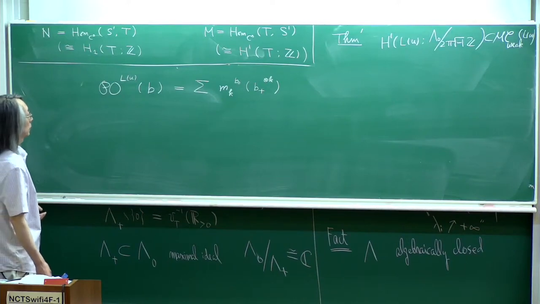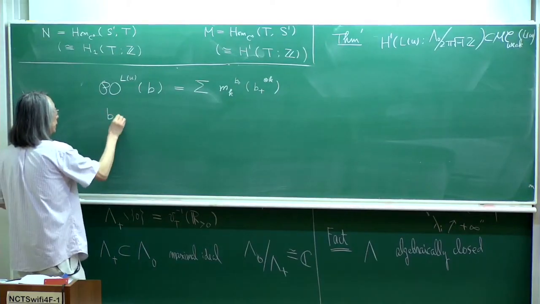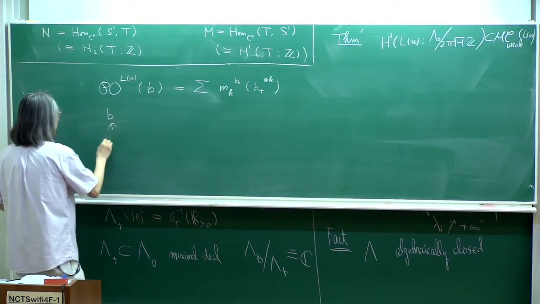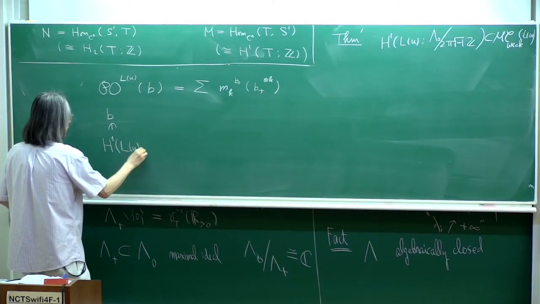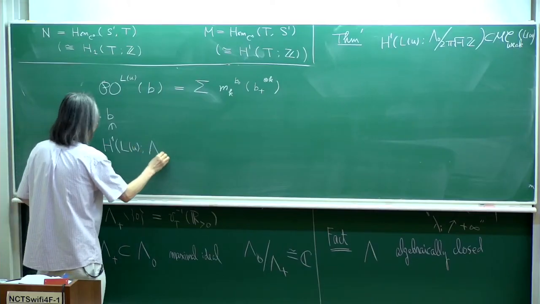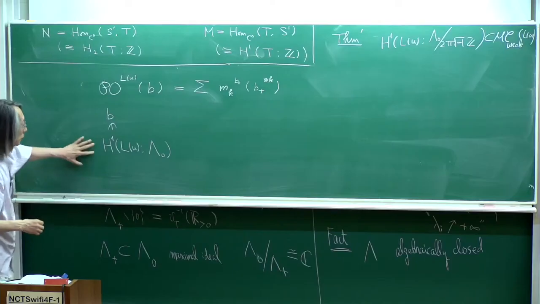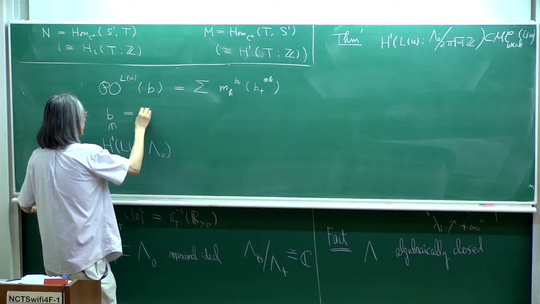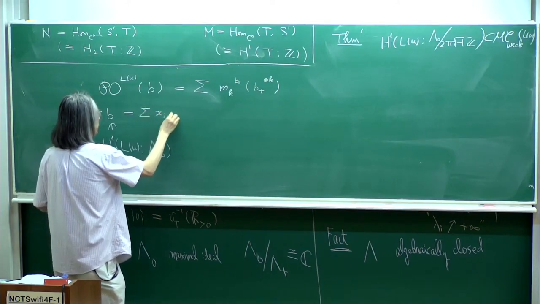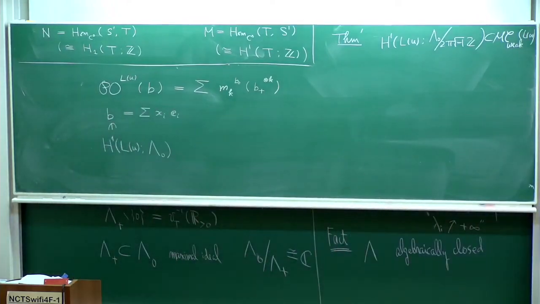And so now B is an element in H^1 of L_U with, at the beginning, I just still use this Lambda_0 coefficient. Maybe I need to be a little bit more careful, but anyway. And then this one is written as some linear combination of these things. Okay? So what is e_i?